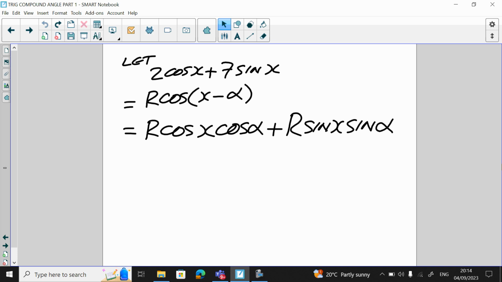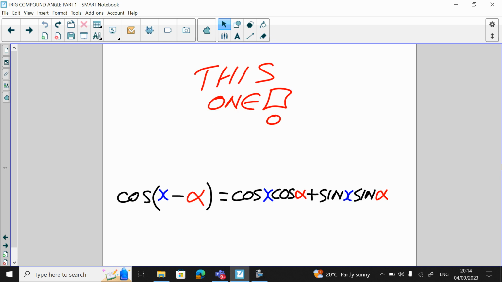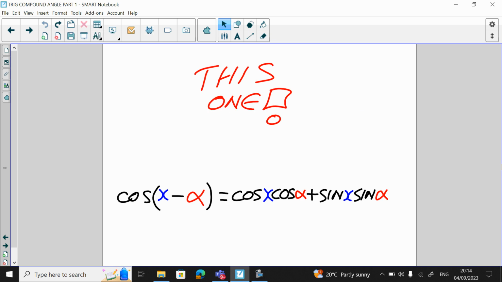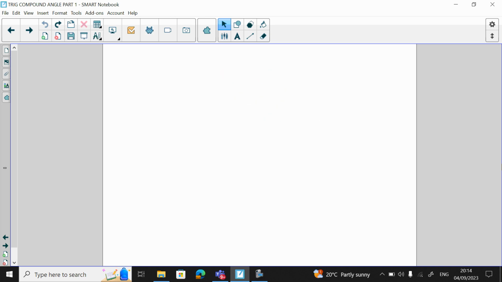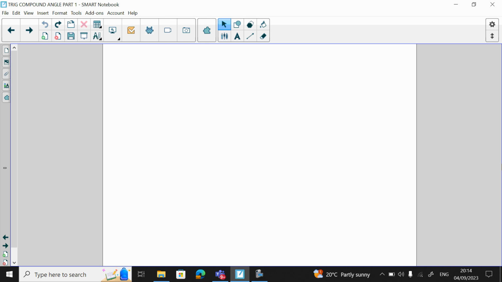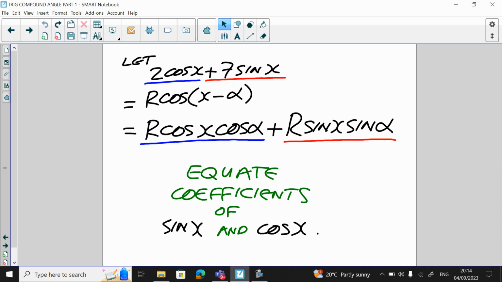In the expansion from there, we'll just put R in front of it because we've got R. Right, okay. So this is the page probably 4 pages back. We're now equating coefficients here. So this stuff is equal to that stuff.